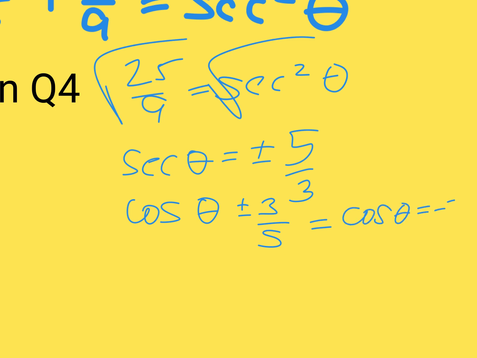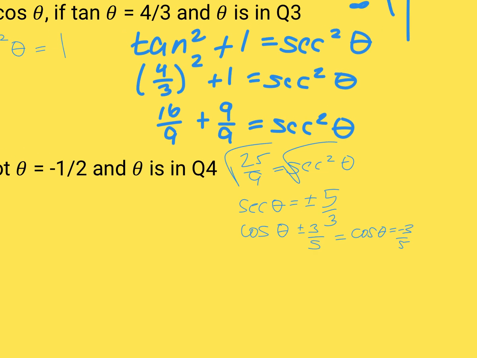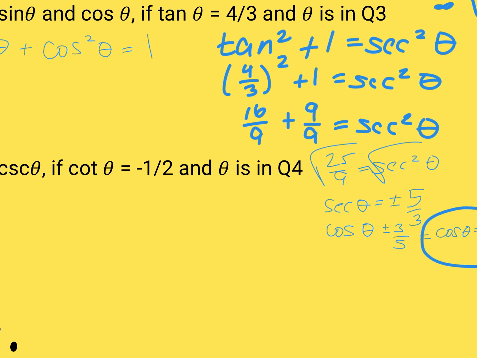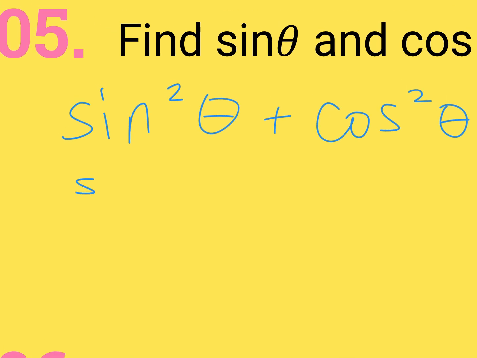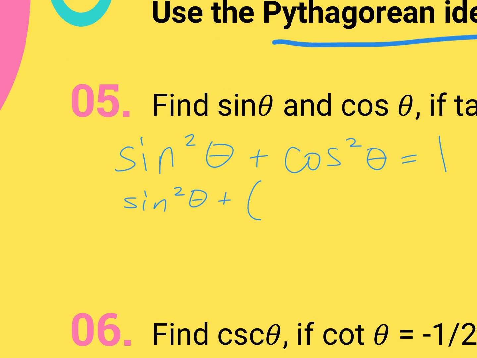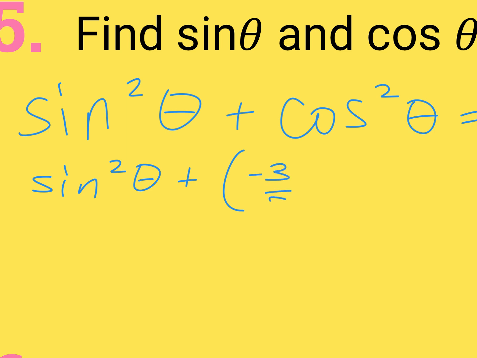So your cosine, guys, is negative 3/5, right? So can I now take this and plug it in here and figure out what sine squared is? Yeah. I can say, okay, sine squared theta plus, instead of cosine squared, negative 3/5 squared equals 1.